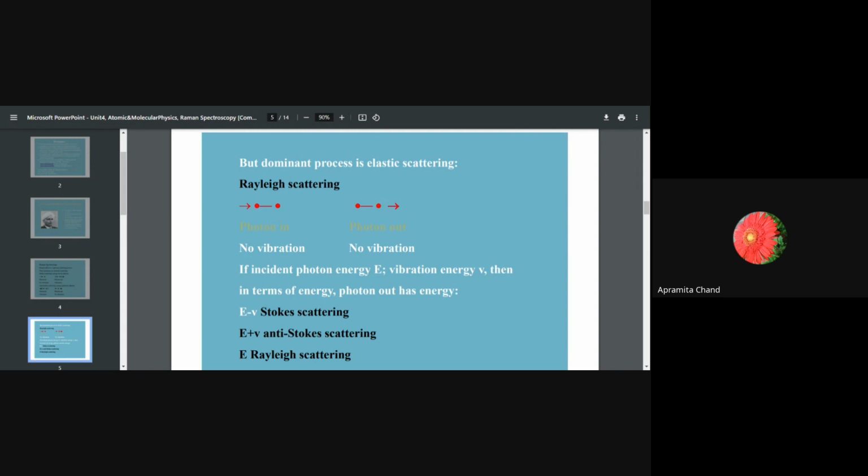Or it could have less energy than the incident photon, which will be Stokes scattering, or it will have more energy than the incident photon, which will be the anti-Stokes scattering. Okay, so this is the basic principle through which the Raman effect starts.